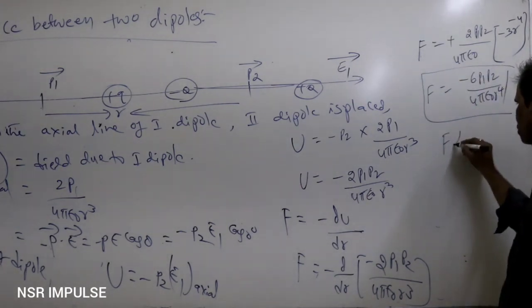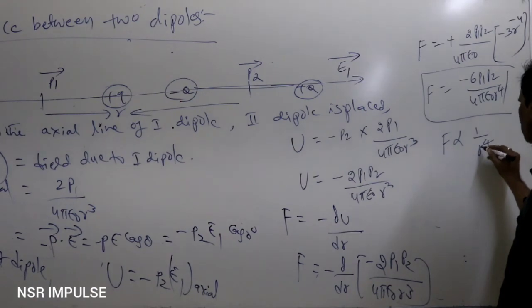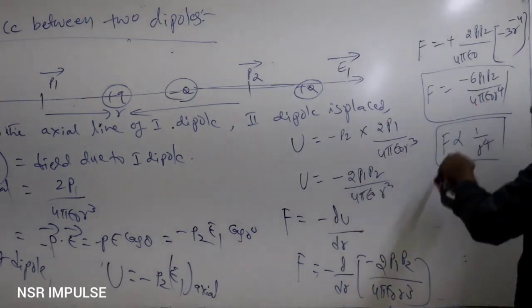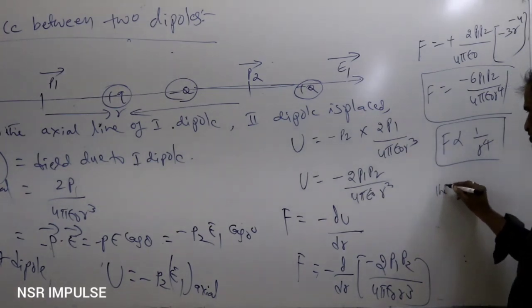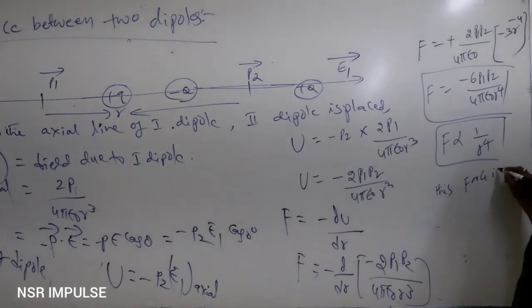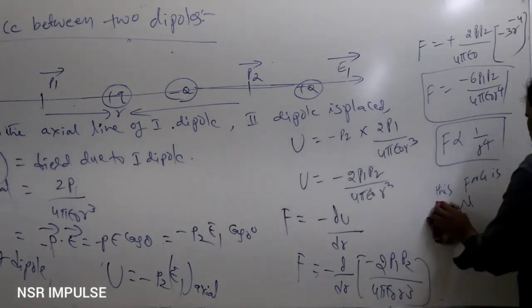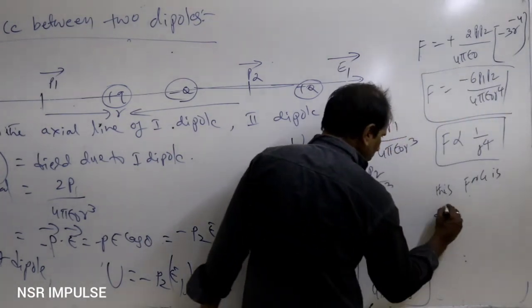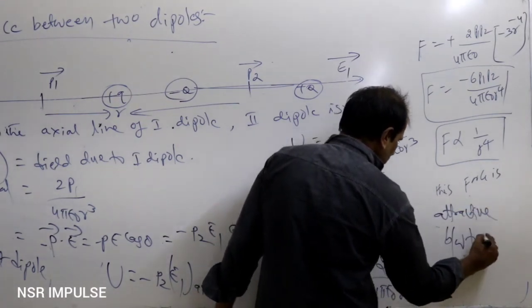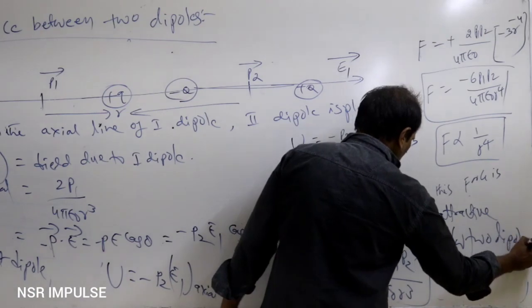So the force is inversely proportional to the fourth power of the distance between the two dipoles, and moreover it is negative. So this force has a negative sign, which means this force is attractive between the two dipoles.